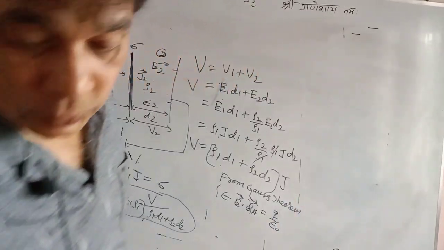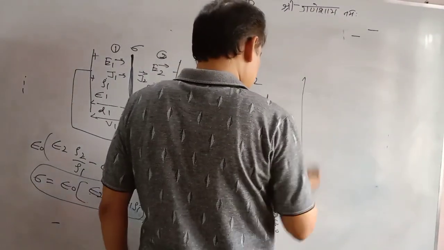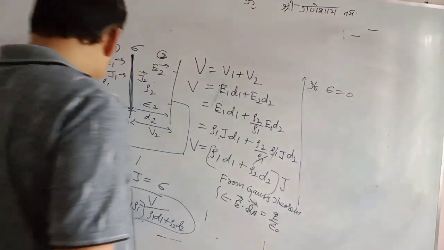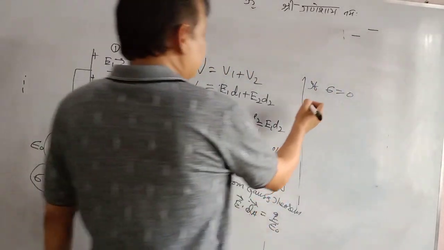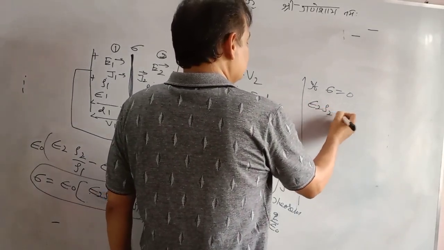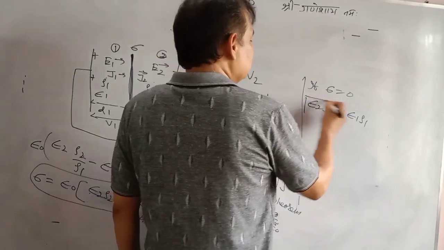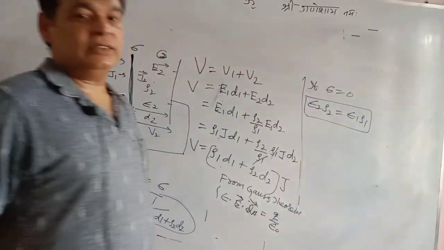And if sigma is 0, this expression must be 0, and we can write j2 rho 2 equals j1 rho 1. This is the condition for zero charge density at the boundary.